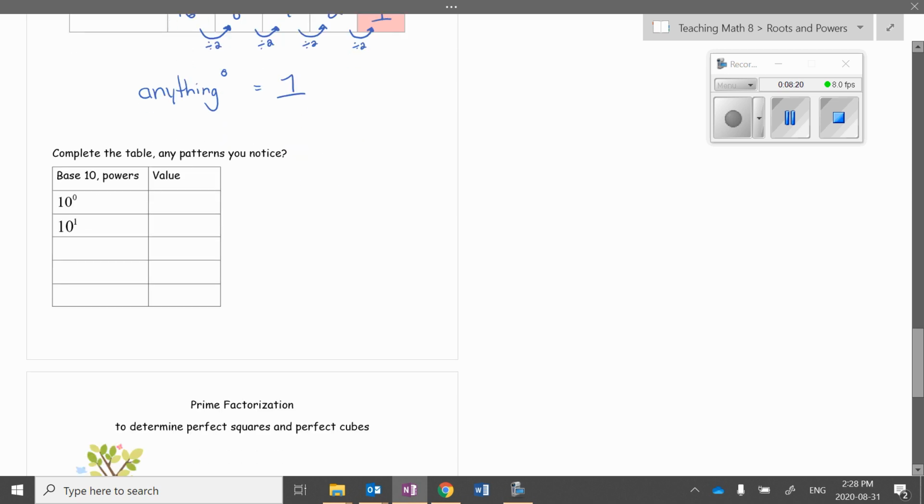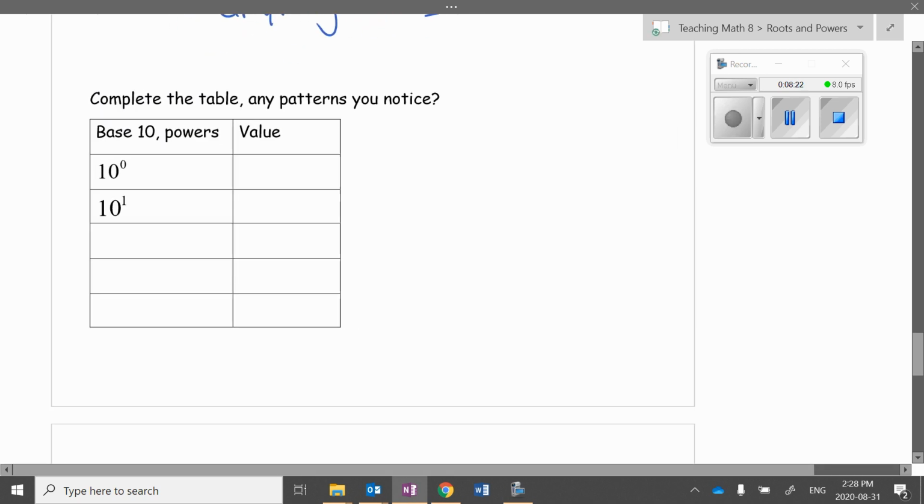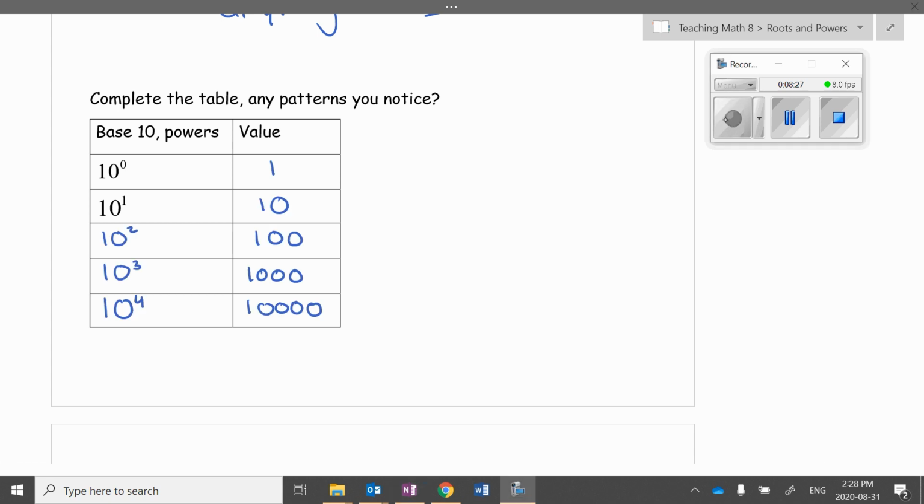Okay, I want you to try this next one and see what you notice. So you may have noticed a pattern here when you filled out this table, and try and make it in the simplest words as you can to see if you can help yourself predict what value for base 10 powers or base 10 exponents will be.